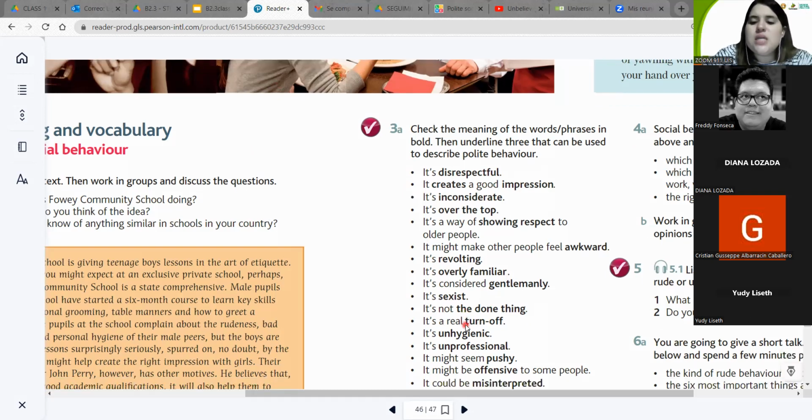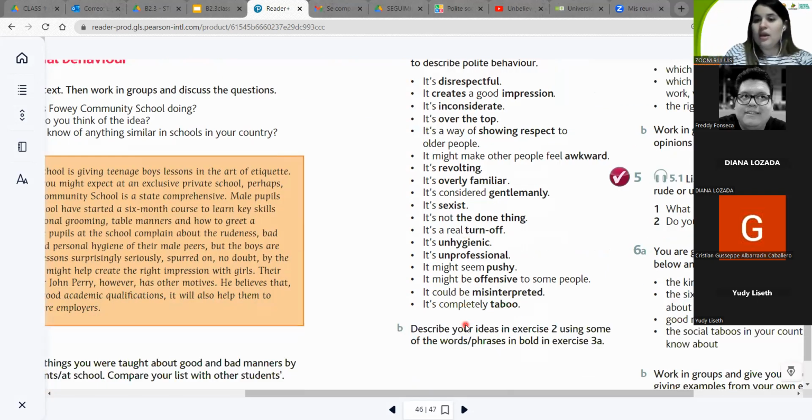The next one, it's not the done thing. What is that? No social acceptance. Sorry, Freddy. It's not socially accepted. Yeah. That is, it's not the appropriate behavior. Yes, very good, Diana, very good, Freddy.